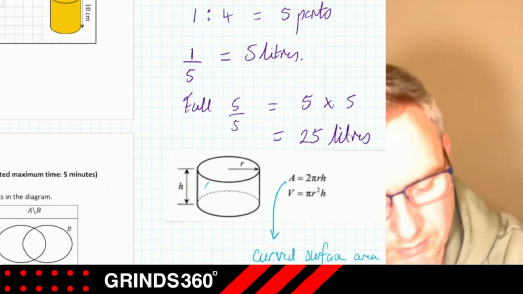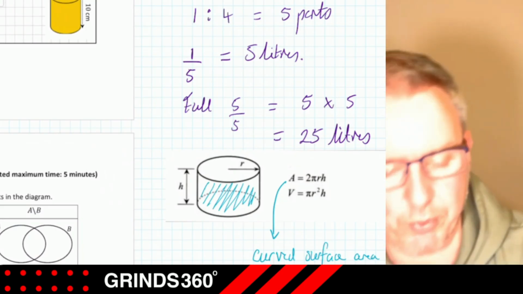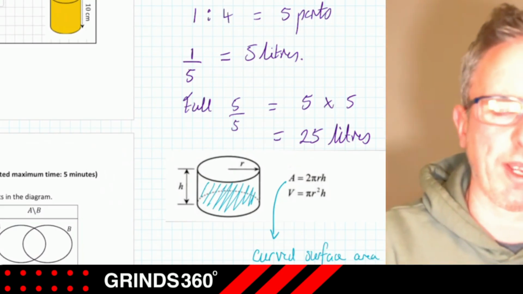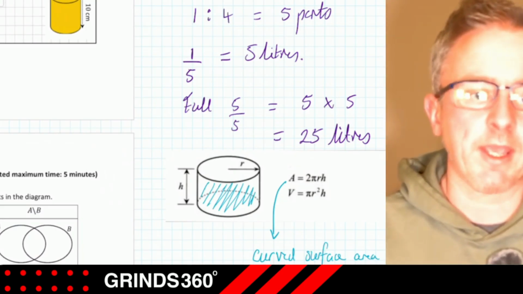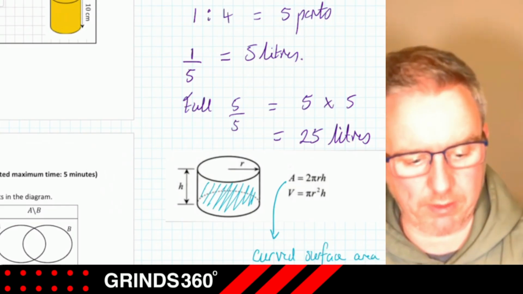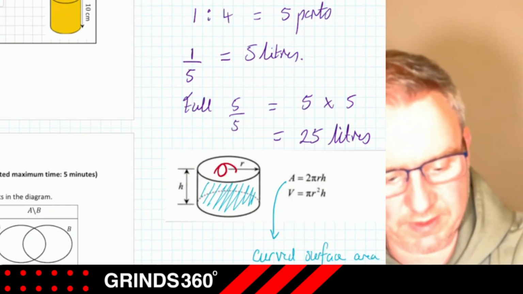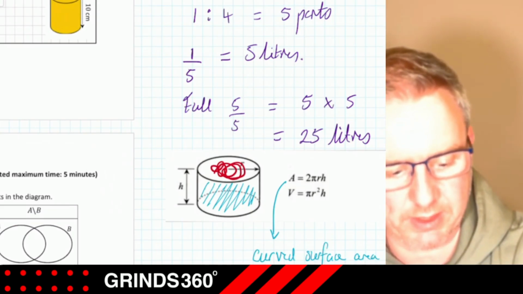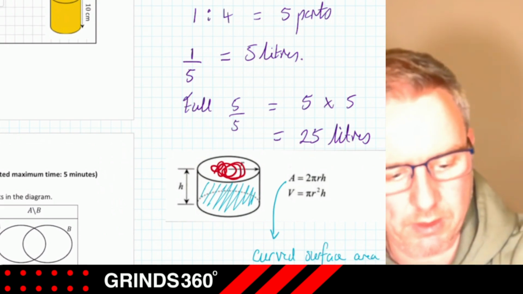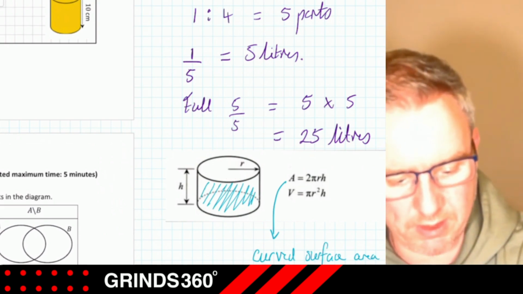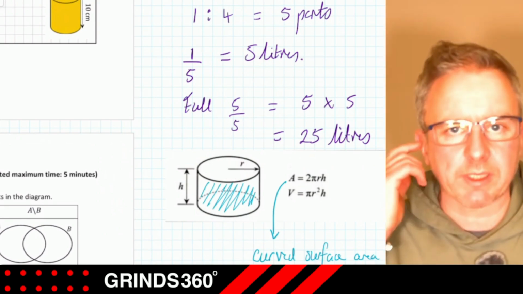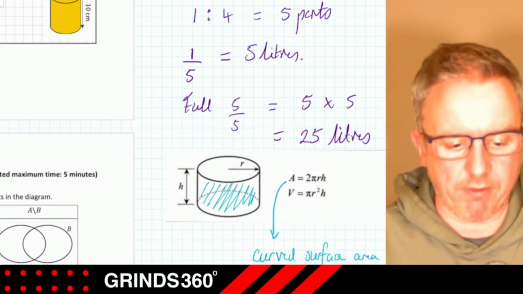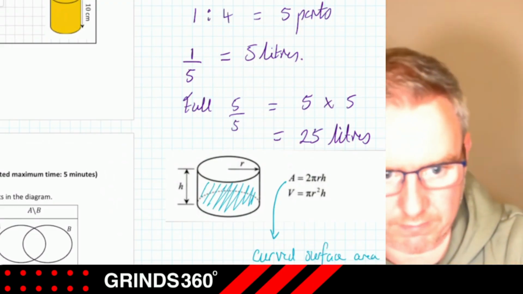So the part that you'd actually put your hand around is the curved surface area, okay? If it said the total surface area though, you'd have to remember that you have a circle on the top and you have that circle on the bottom as well that would need to be added, okay? So curved surface area means the part that, if you were to hold the glass, you're putting your hand around.